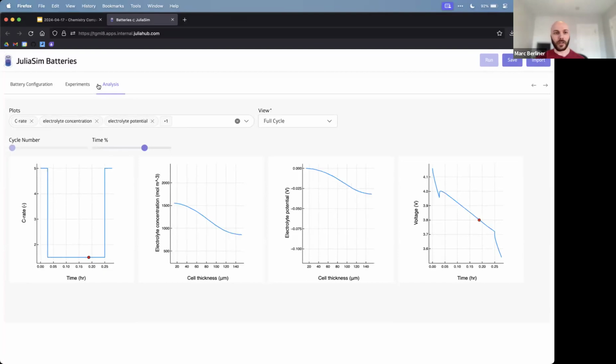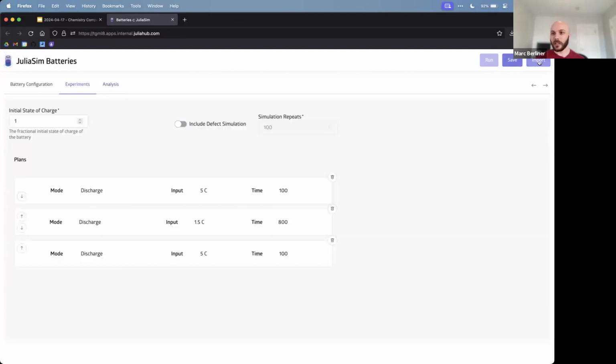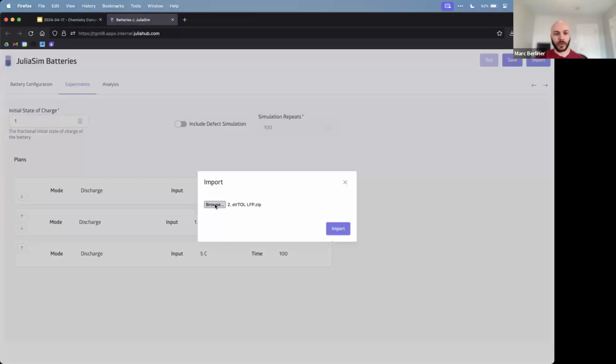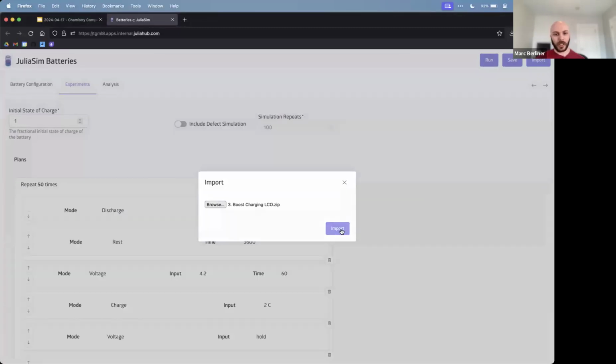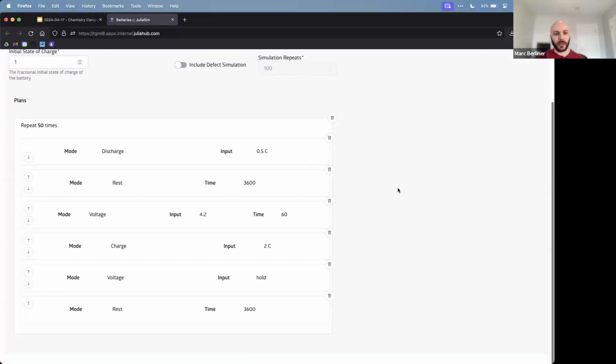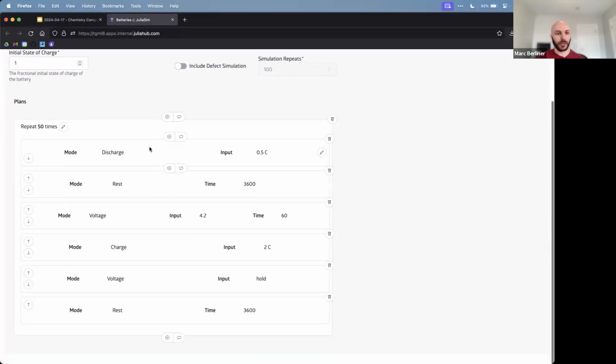So for the third and final example, I'm going to show a boost charging example. This is starting with a C/2 discharge, and we repeat this simulation for 50 cycles.